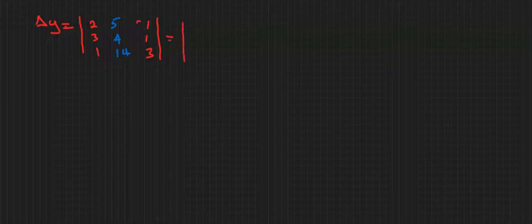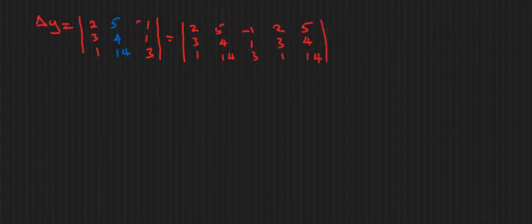So still using Sarrus' rule, 2, 3, 1, 5, 4, 14, negative 1, 1, 3. We repeat columns 1 and column 2, 2, 3, 1 and 5, 4, 14. And then we find the product of 2 times 4 times 3. That is 24, plus 1 times 1 times 5.